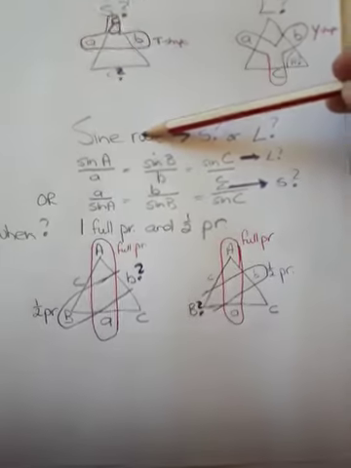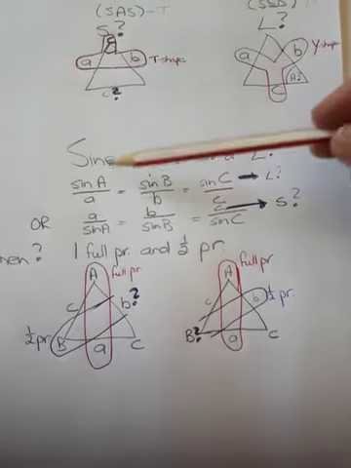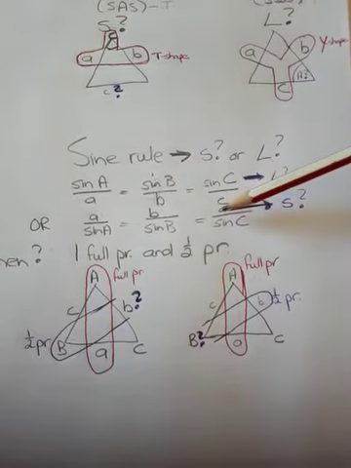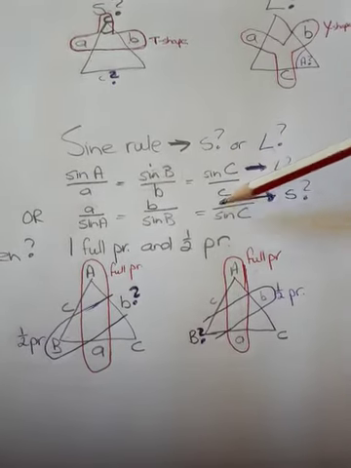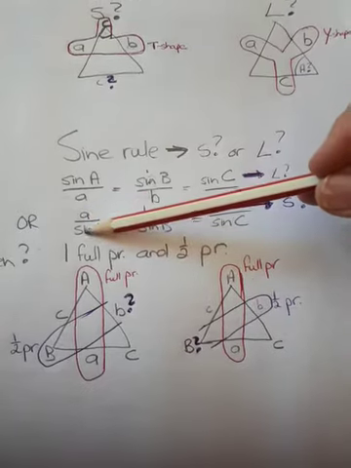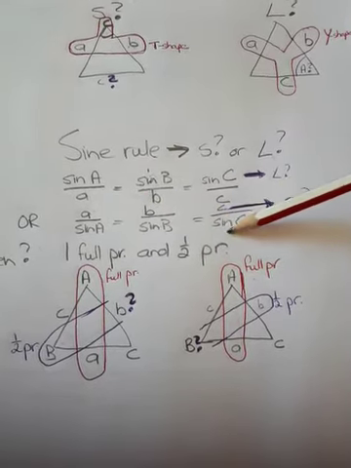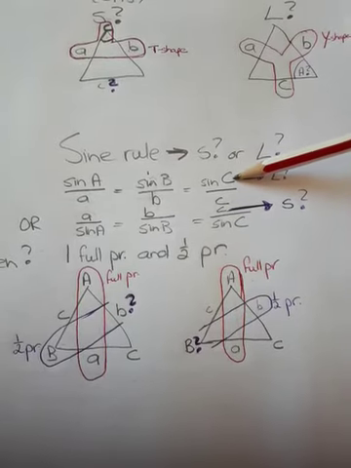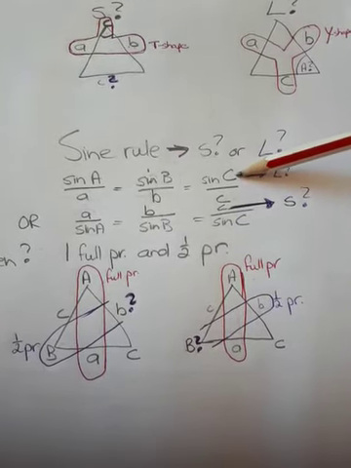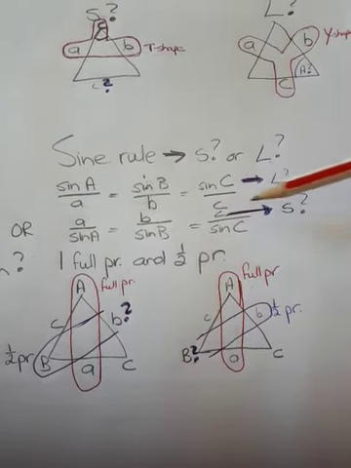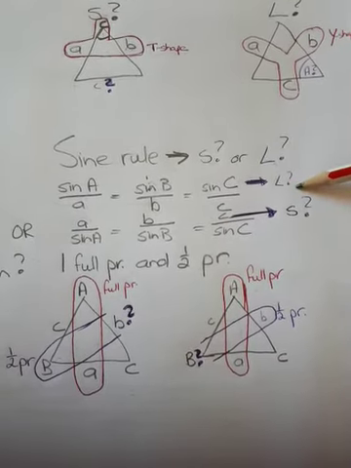Okay, then for the sine rule, we have sin A over a equals sin B over b equals sin C over c, or we can turn this around: a over sin A, b over sin B, and c over sin C. We have the angle at the top, the sin at the top, if an angle is being asked. We have the side at the top when a side is being asked.